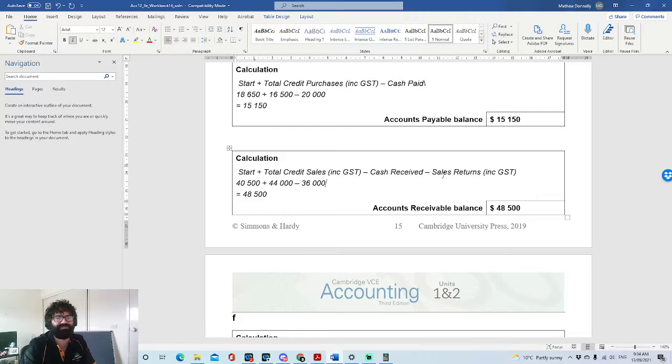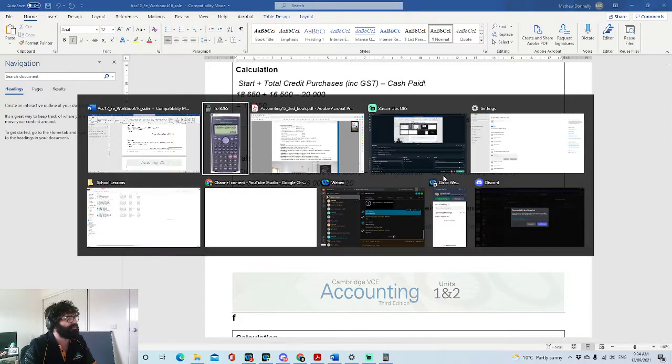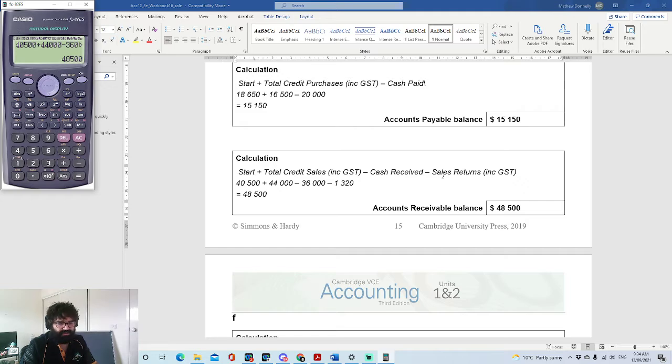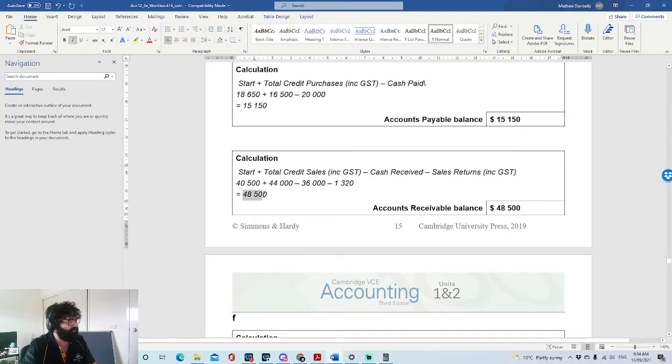There wasn't purchase returns. So 1200 plus GST makes it 1320. So just a quick little adjustment there. So 48500 minus 1320, 47180. Yeah, so that was a bit annoying. I did screw that up a little bit.